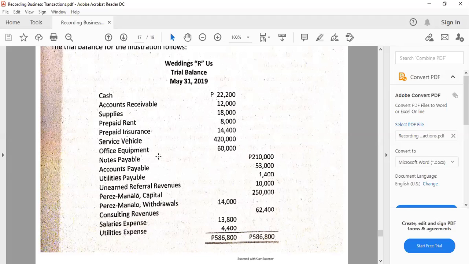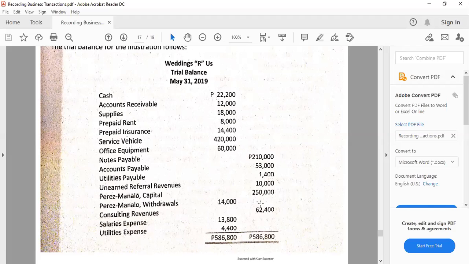Anyhow, let us proceed. There is now another point of transition from capital to withdrawal. So from credit, we go back now to the debit. So this is like one thing also that most learners would miss. So from credit, careful, withdrawals, debit. And then from debit, next would be revenues.